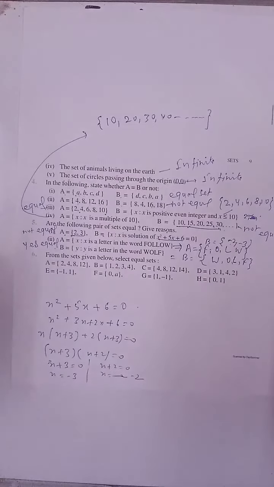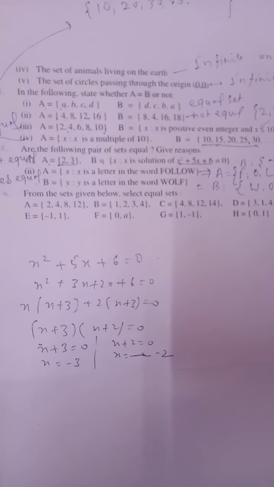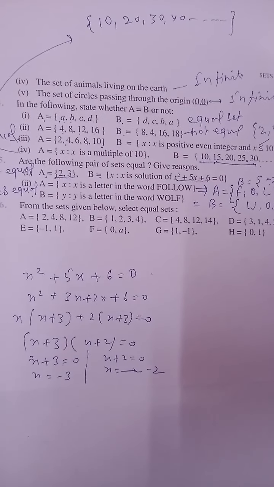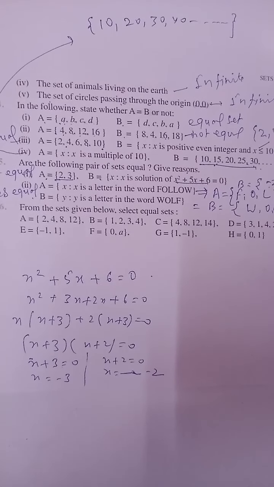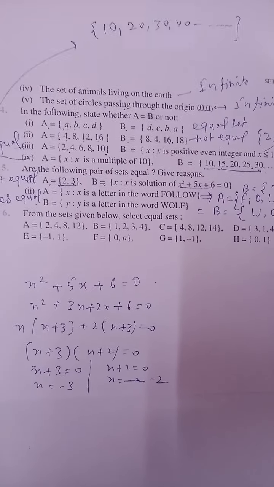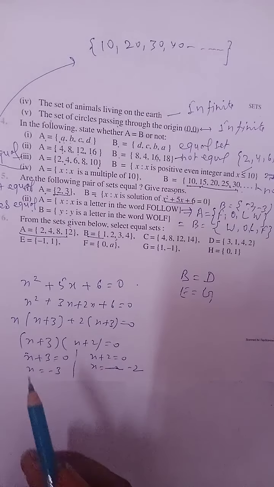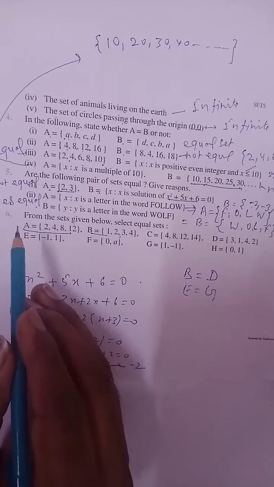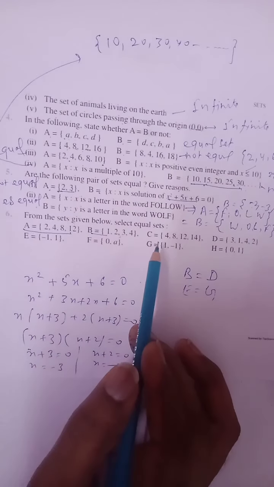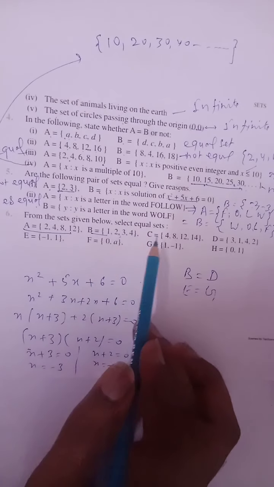So in the sixth part, what you have to do? In the sixth part, you have to find, from the sets given below, select the equal sets. So we have to find out the equal sets.